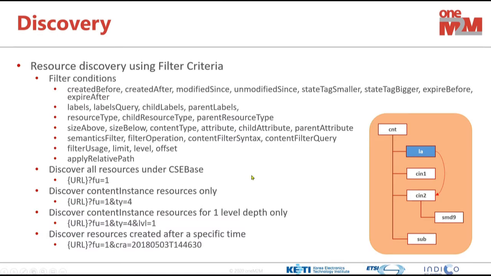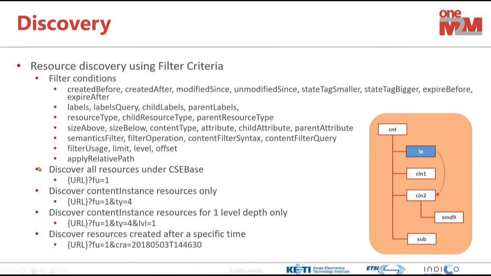Discovery. So from the previous slide deck, I was talking about the discovery scope. And in this case, these are the filter conditions that we provide or support in oneM2M, and this can be used for the discovery.